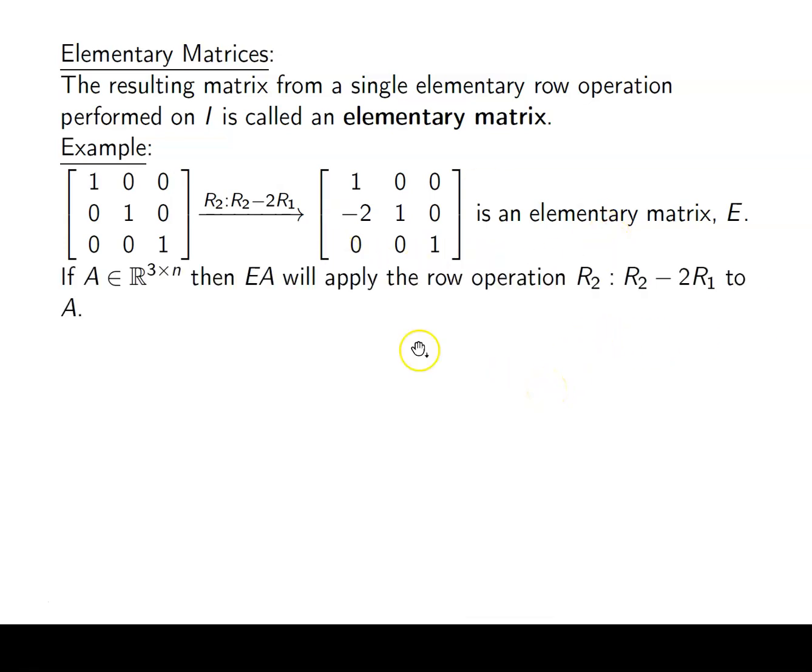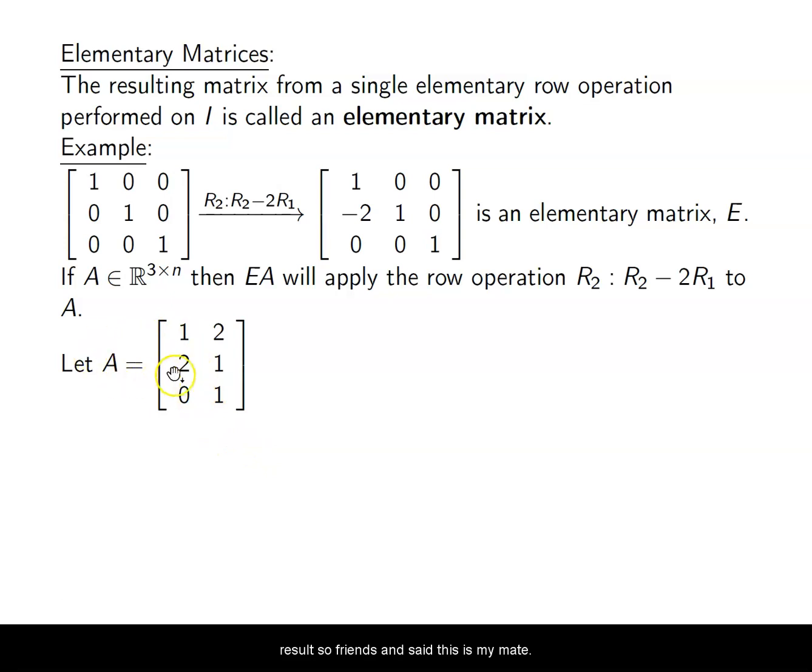If A is a 3 by n, then E times A, E on the left side, will actually apply the row operation to my matrix A. So these elementary matrices are pretty cool because instead of doing row operations on your regular matrix, you can do row operations on the identity, which is way easier, and then multiply that times your matrix to get that same result.